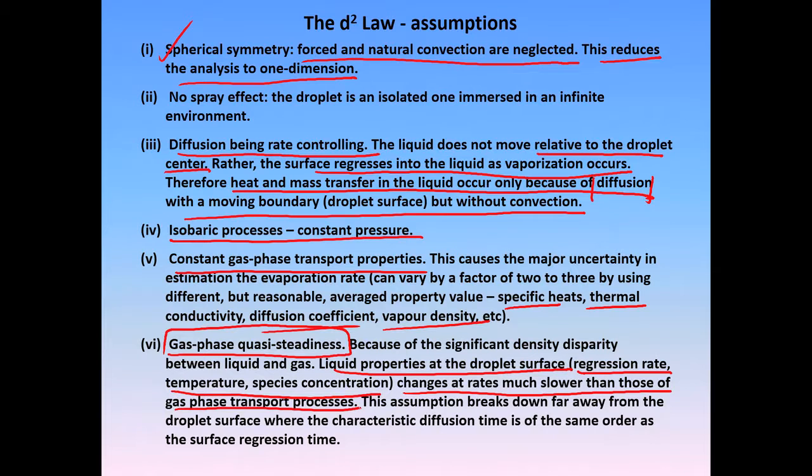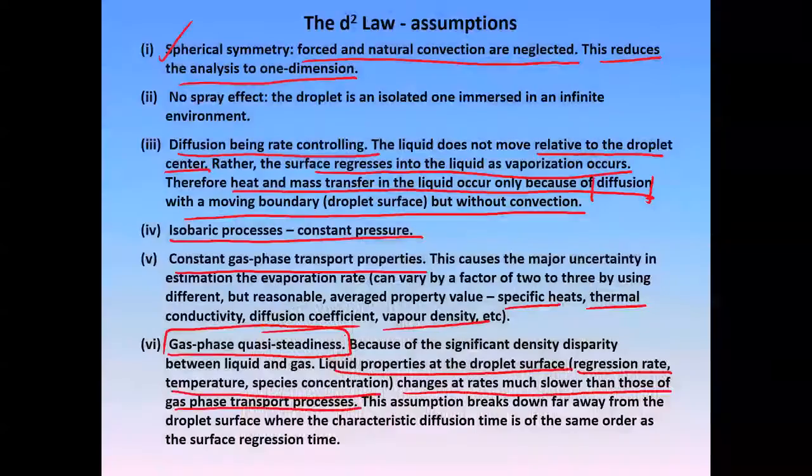So the gas phase changes so fast that the liquid is almost seeing a steady gas phase outside. It is not able to detect what is going on in the gas phase, because its own movement is very slow. That is a key parameter: the gas phase with respect to the droplet is quasi steady.